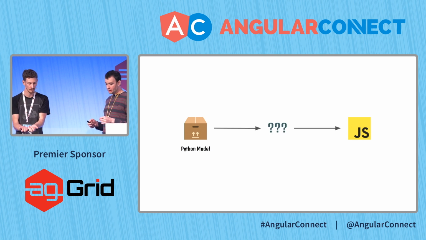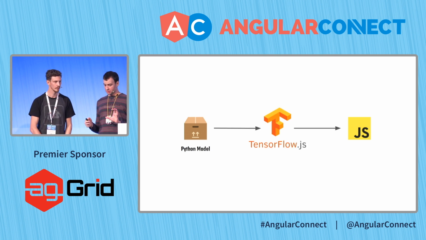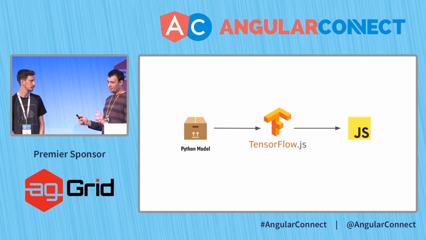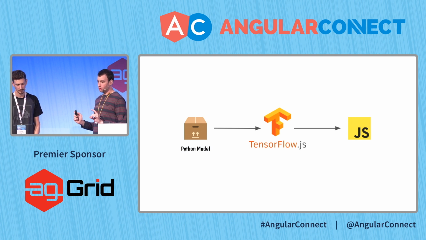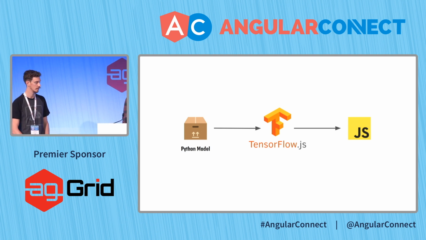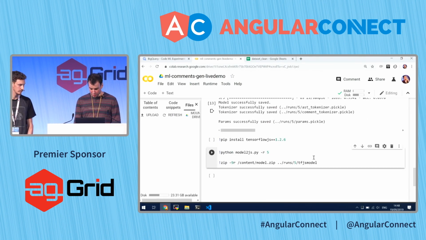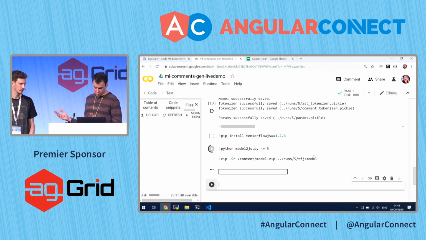Yes, so basically there is TensorFlow.js, which is TensorFlow for JavaScript. And we have one more thing we need to do so we can use our model inside TensorFlow.js, which is to convert it into a JavaScript model, which is a JSON file.